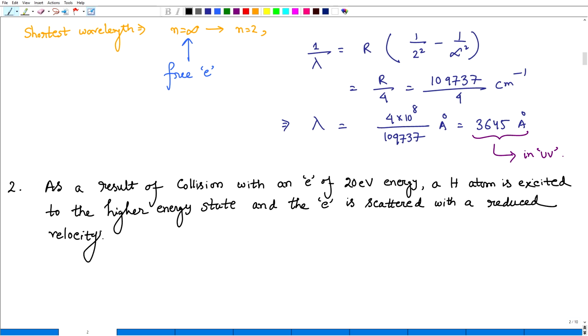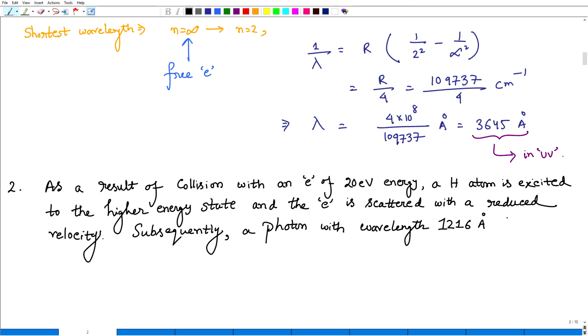Subsequently, a photon with wavelength 1216 Angstrom is emitted from the hydrogen atom. Determine the velocity of the electron after collision.